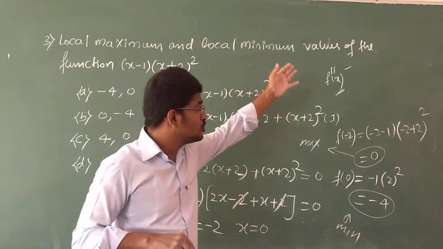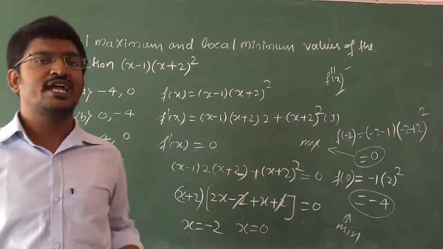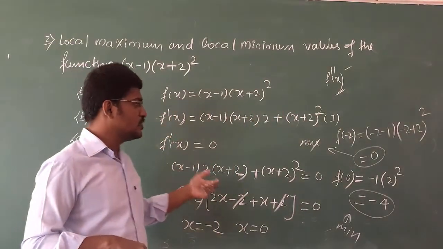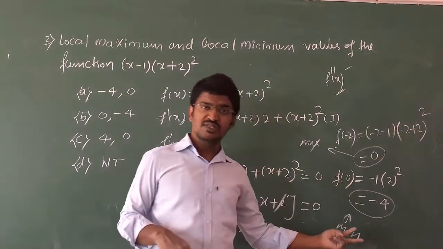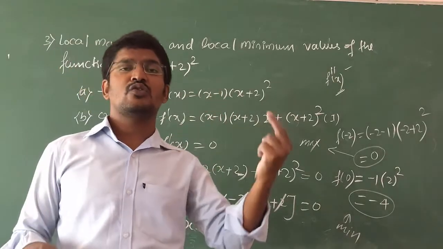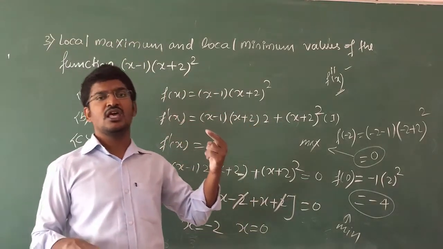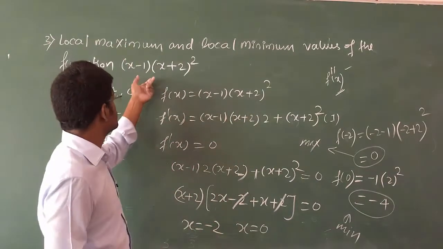For that, I will not write in detail all those terms. I will just solve f dash of x equal to 0. After solving, I will get two terms. In theory, you have to check those two terms in f double dash of x, but I will not write that. Directly I will put those terms here.